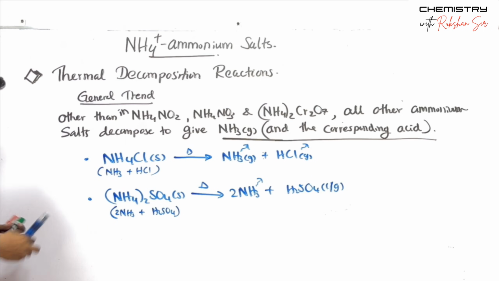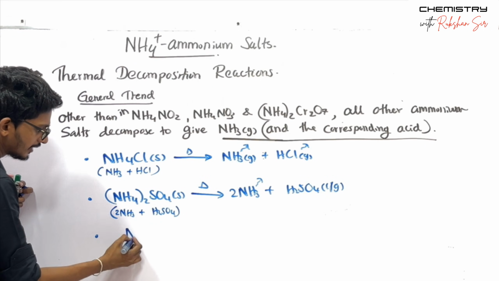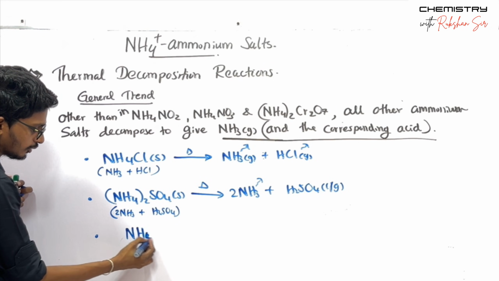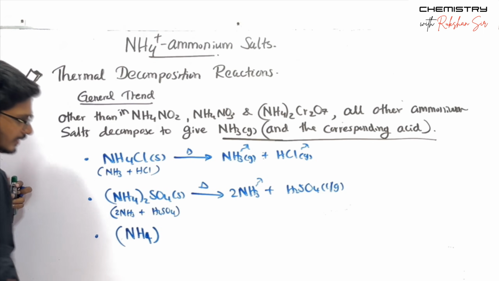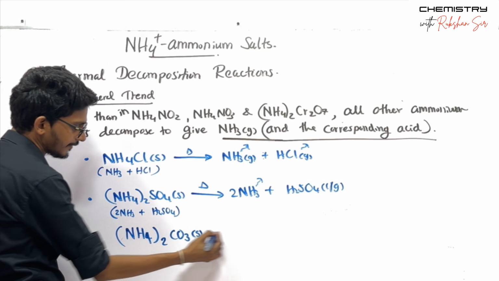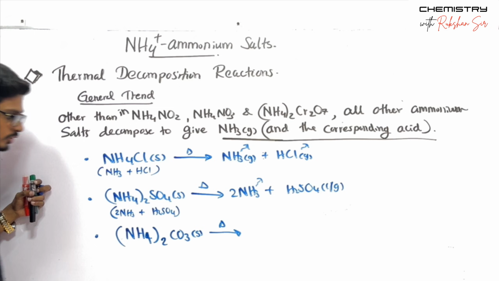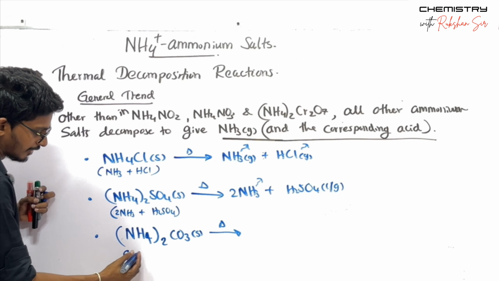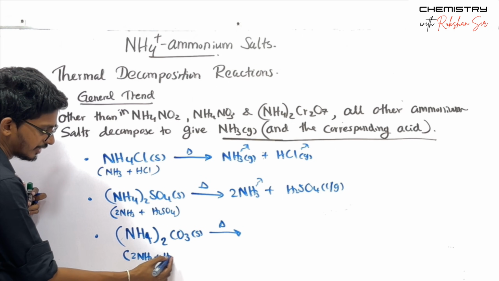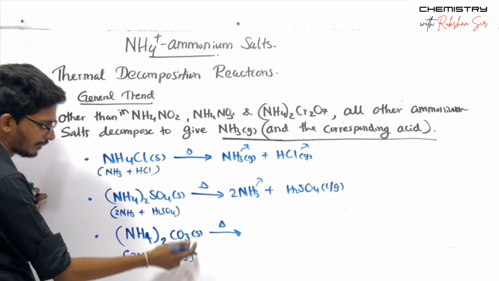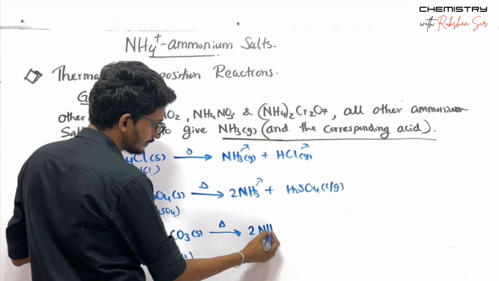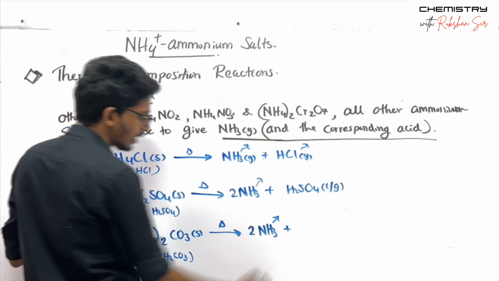So if you need another example, you can come with any ammonium salt other than these three, and those will give you some NH3 gas and the respective acid. So ammonium carbonate can be referred to as giving 2 NH3, and the respective acid is H2CO3. So it will produce 2 NH3.